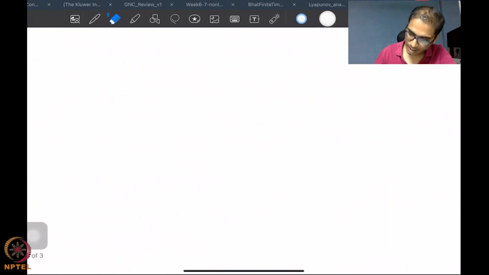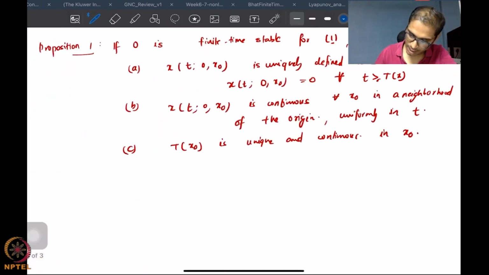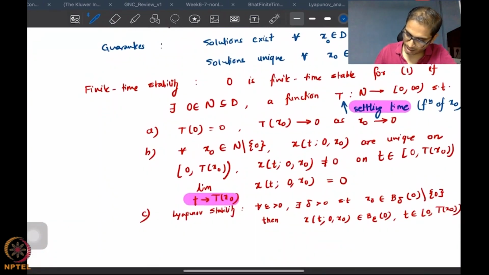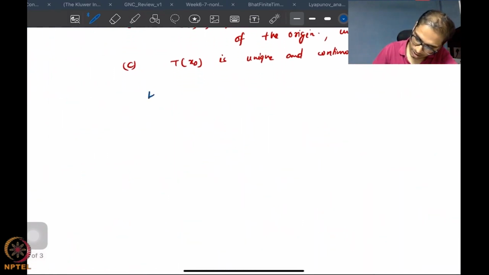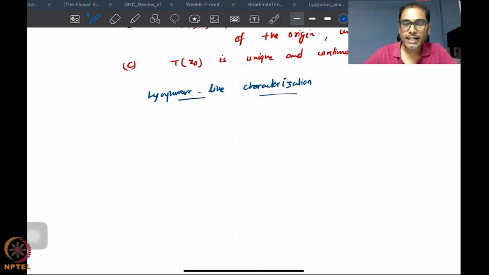So let's see how to state this. I will just call this Lyapunov-like characterizations. I'm just looking at Lyapunov characterizations for finite time stability.